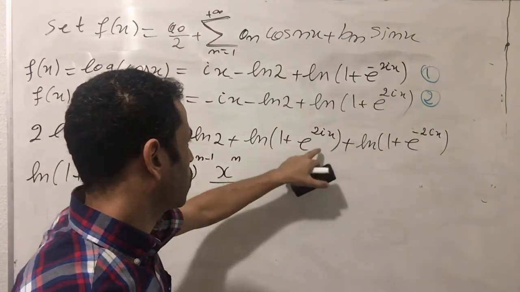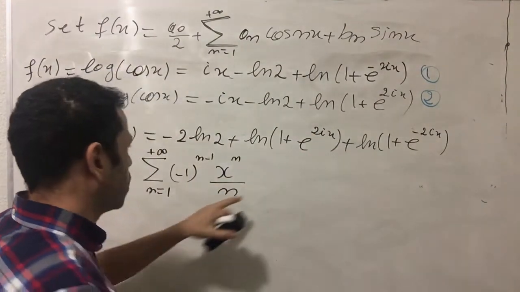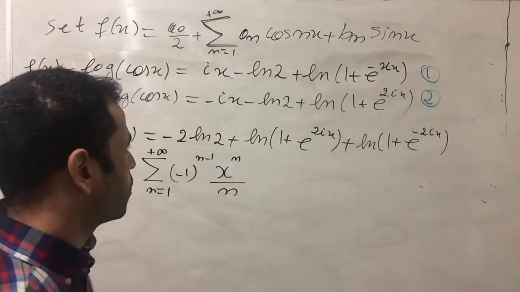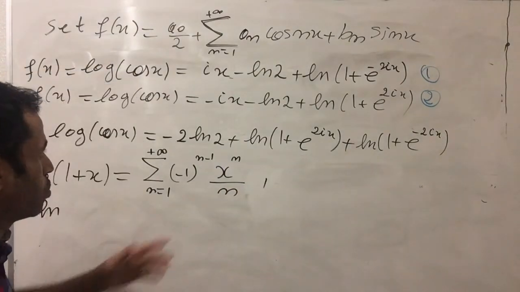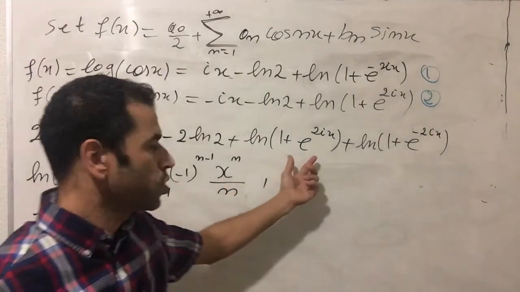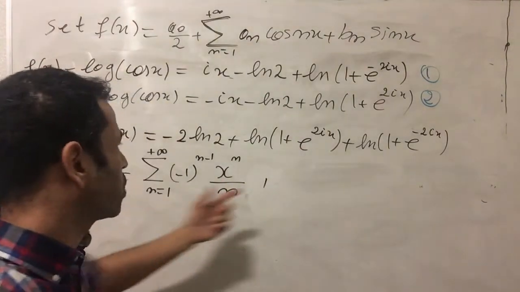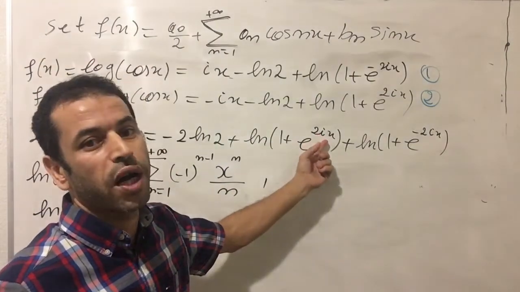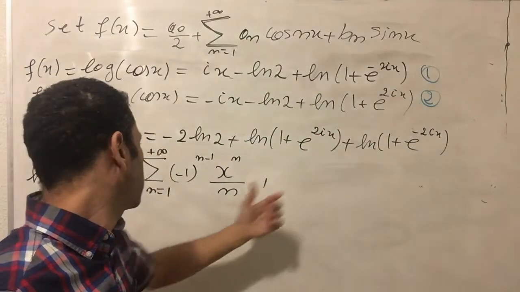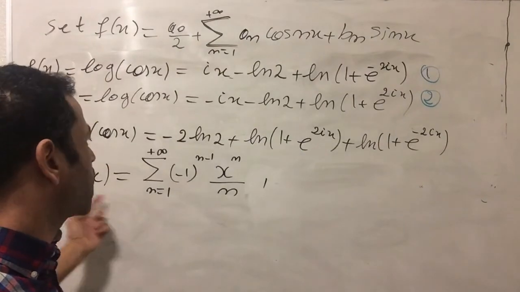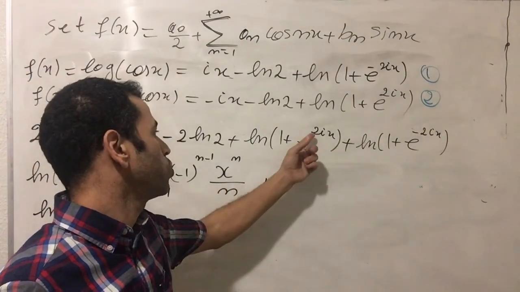Now I'm going to replace x. This is written in the same form, just replacing x with e to 2ix. Instead of natural log of 1 plus x, you will have 1 plus e to 2ix.